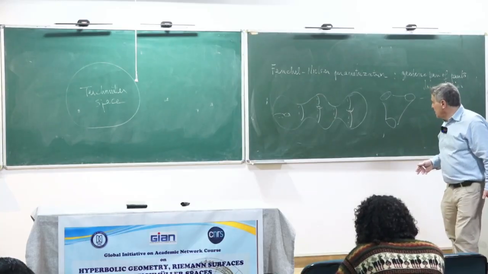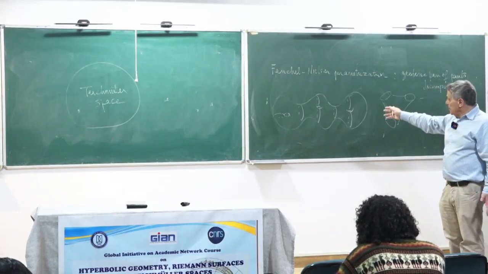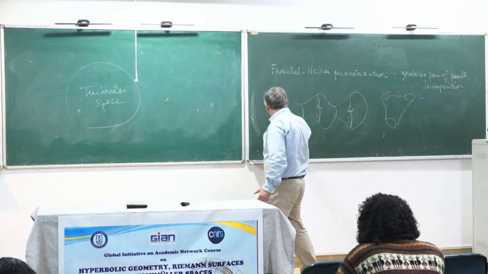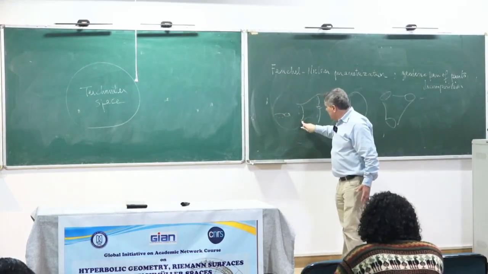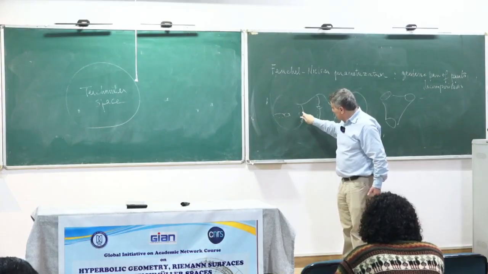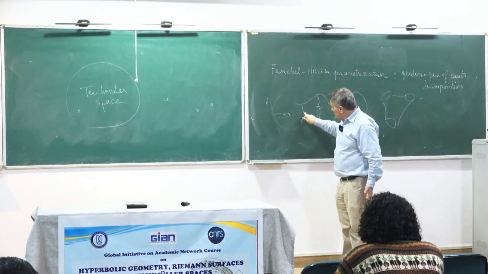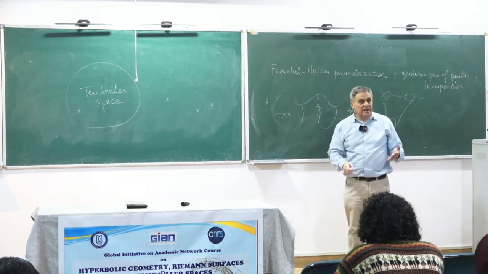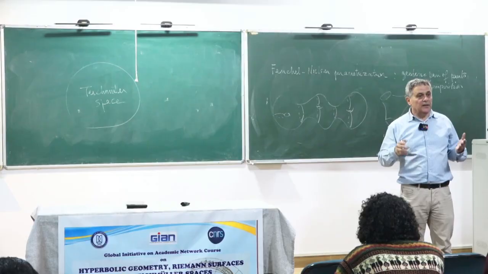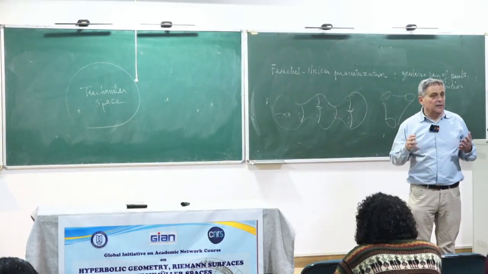I explained to you that if on the surface I take these curves, and they are represented by disjoint curves as topological curves, then the geodesics in their homotopy class are disjoint.